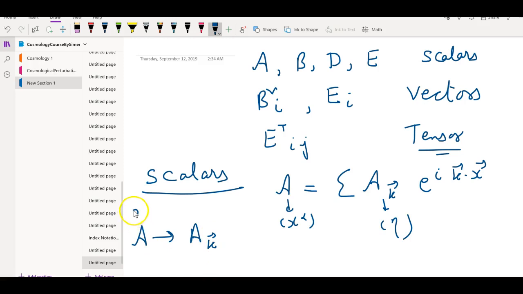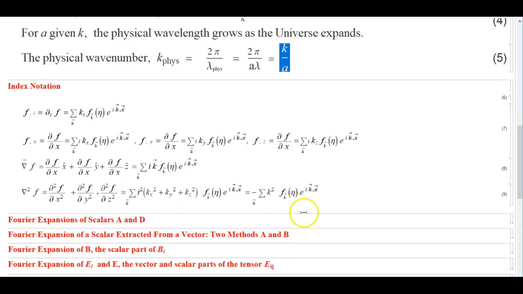So simply replace A with A. The same would apply to D as well.